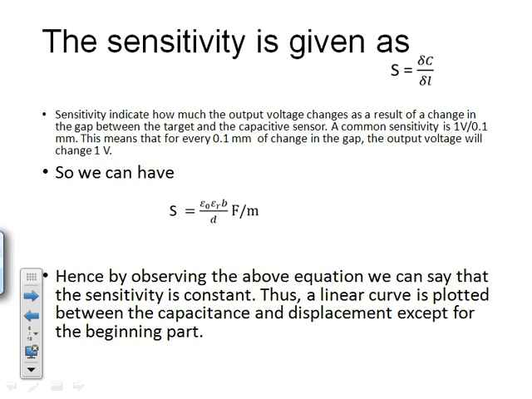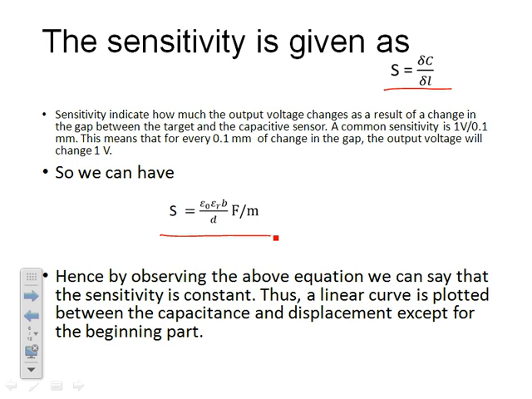The sensitivity is given as S is equal to delta C divided by delta L. By substituting the value of C in this equation, we get S is equal to epsilon naught epsilon R into B divided by D farad per meter.